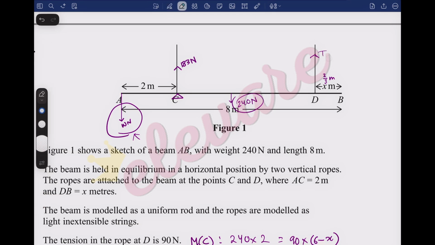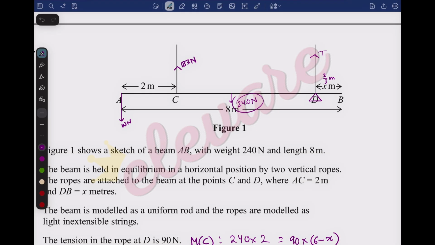So we don't want that. That just means that we need to do an extra step to find that tension out and then solve for W. Right? So we don't want that. We already know what the tension at C is, so why don't we consider the moment at D, and in doing so, we'll eliminate the possibility of this tension appearing in any of our equations. Okay, so let's do that.